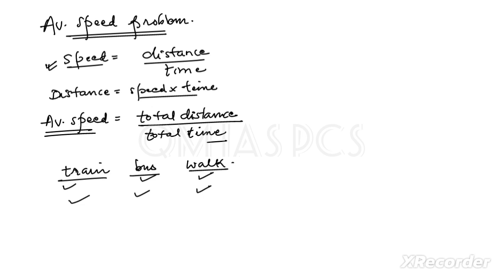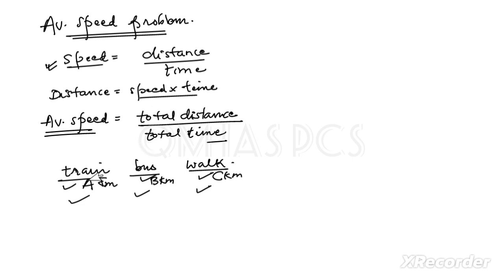Like I'm giving you one condition: by train we are traveling a kilometers, by bus we are traveling b kilometers, by walking we have traveled c kilometers, while going from somewhere to somewhere. But what is the time taken?